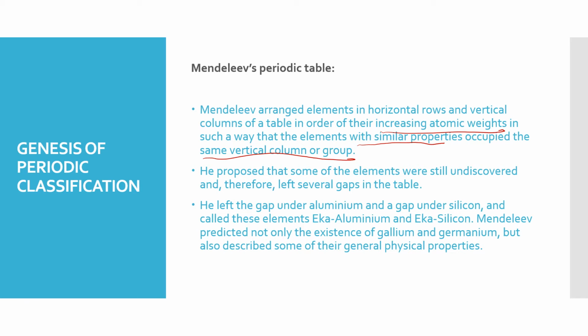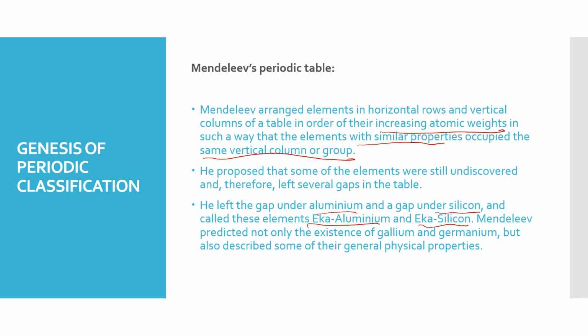He proposed that some of the elements were still undiscovered and therefore left gaps. He predicted that more elements would come in the future, so he left gaps in the table. Let's know where he left the gaps. He left a gap under aluminium and a gap under silicon, and he named them Eka aluminium and Eka silicon.